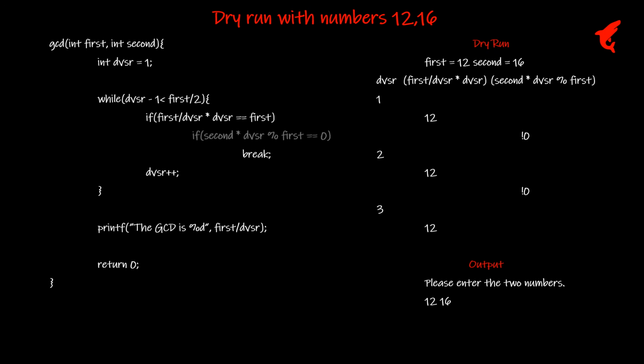Then the second if condition is checked which is also true. The break statement is therefore executed. The control then goes to the print statement which will print the GCD as 4. The return 0 statement is executed and the control is transferred back to the main function. After executing the getch function and return 0 statement of main, the program execution ends.